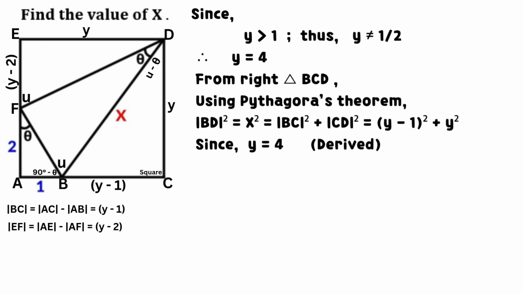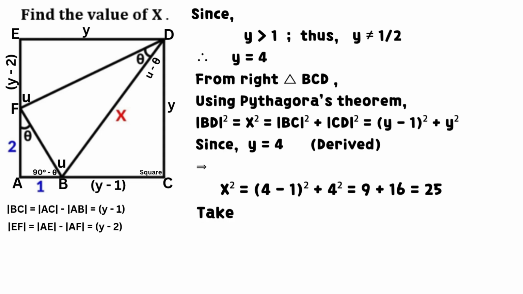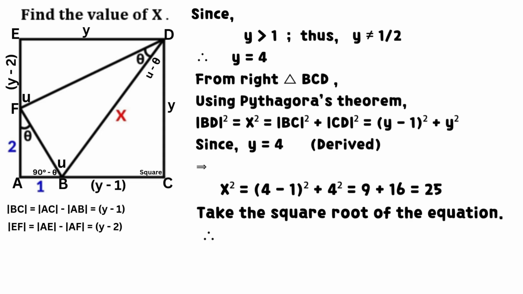Since y equals 4, this value was derived by us, this implies that the square of x equals the sum of the square of (4 minus 1) and the square of 4, which equals 25. As shown on the screen. Take the square root of the equation. Therefore, x equals the square root of 25, which equals 5 units.